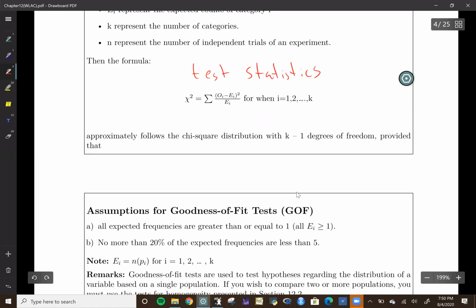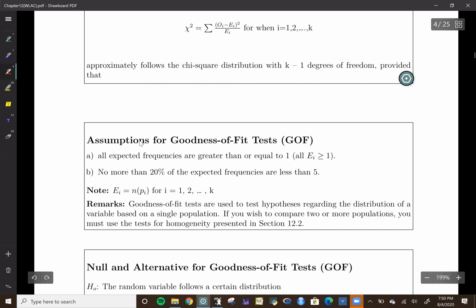All right. So up next, I'm going to get into some of the assumptions for the goodness of fit test. When I say assumption, if you remember the little format that I have, where it says test the assumption, and then I tell you to do the null and alternate hypothesis. This is what you want to check for the assumption.